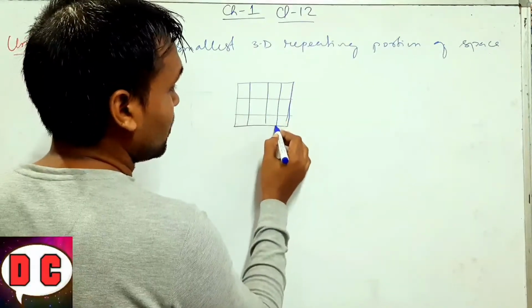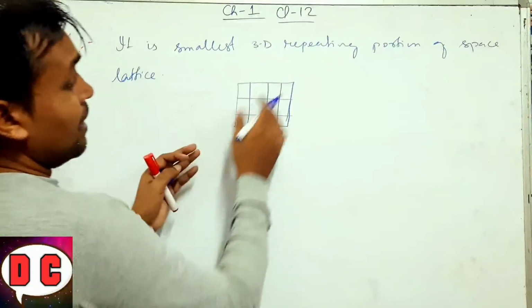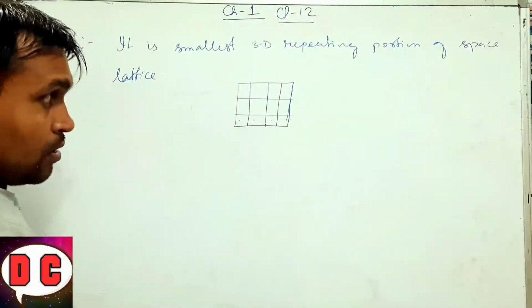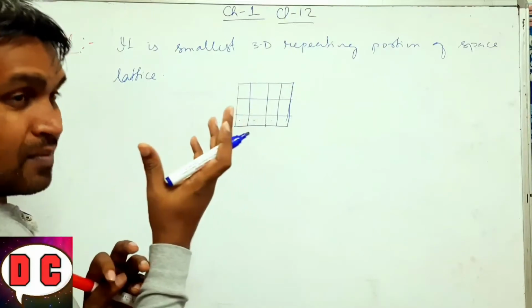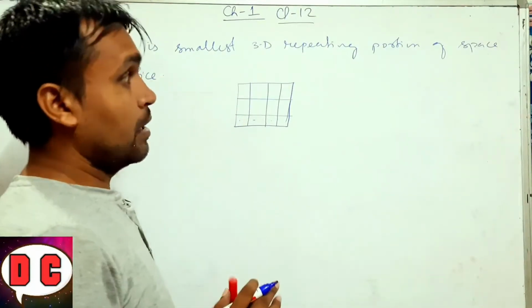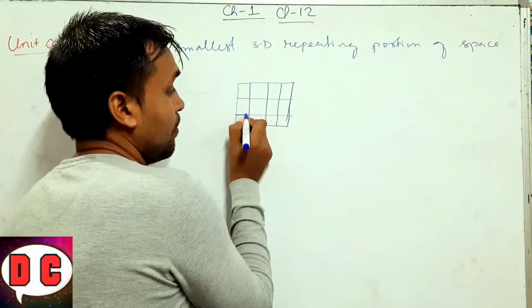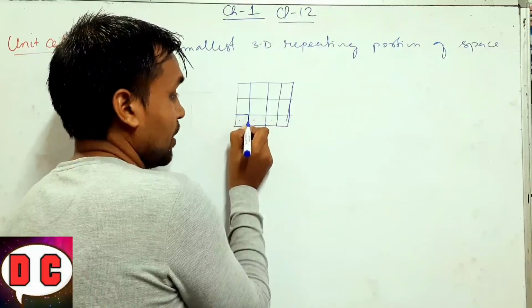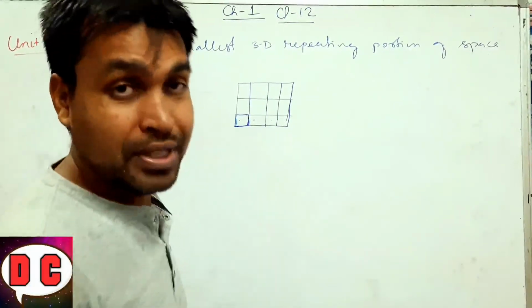These small cubes combine together and make a lattice, right or not? So this one whole thing, the puzzle cube as a whole, is called what? Lattice. And the small cubes which are combined, the different color cubes combining together, will be called what? Unit cell.